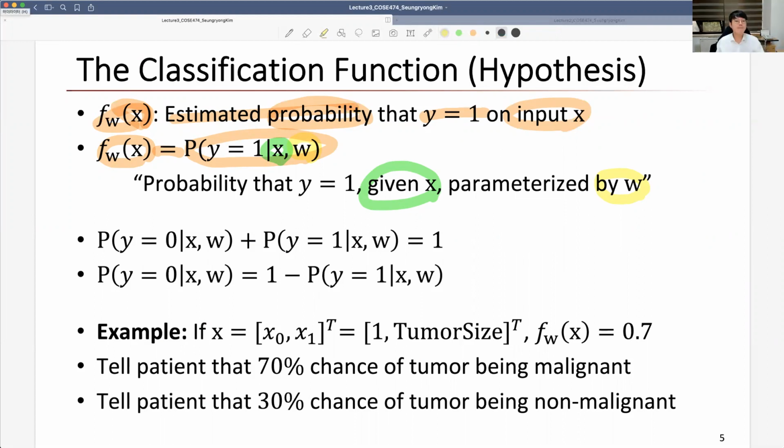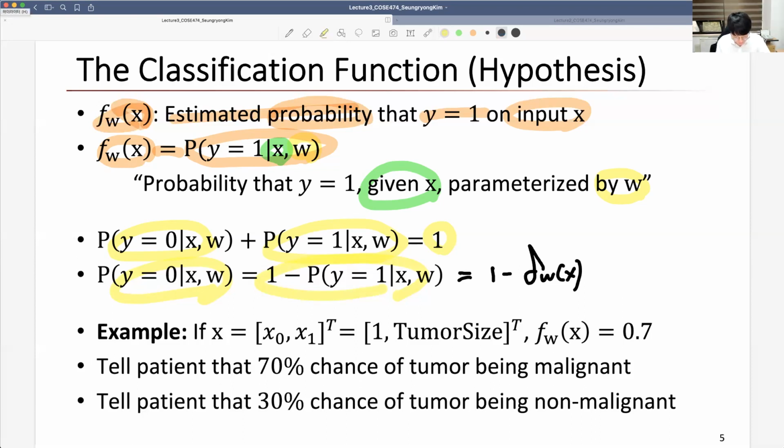And we already know that the probability that y is equal to 0 and the probability that y is equal to 1 sum to 1, because they are probabilities, right? In other words, the probability of y equal to 0 is going to be 1 minus the probability of y equal to 1. So this is the probabilistic explanation of this classification mapping function.